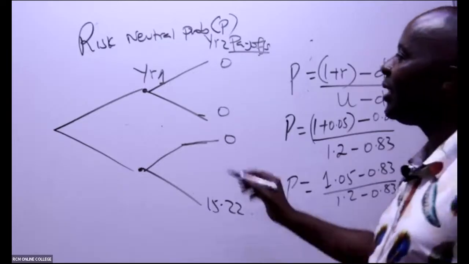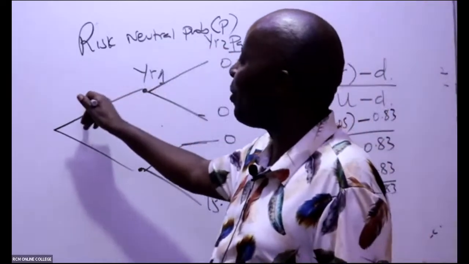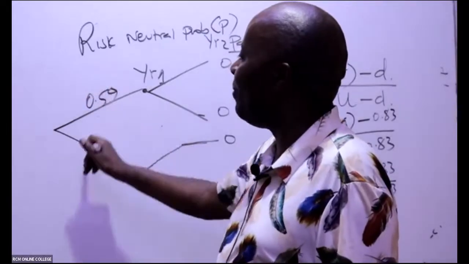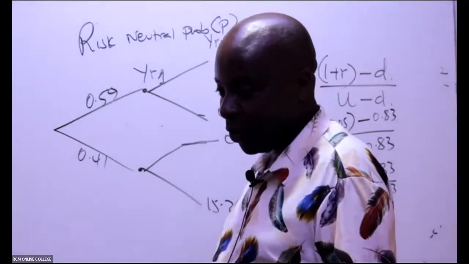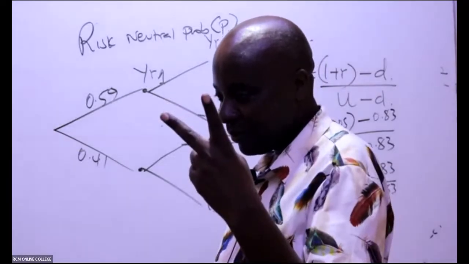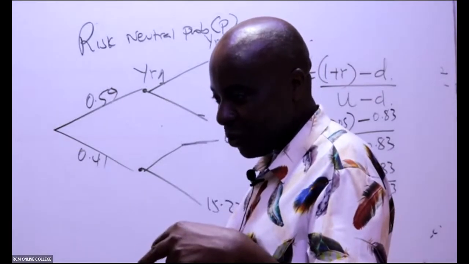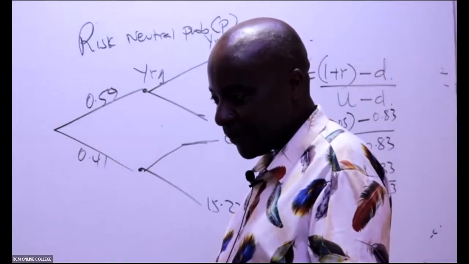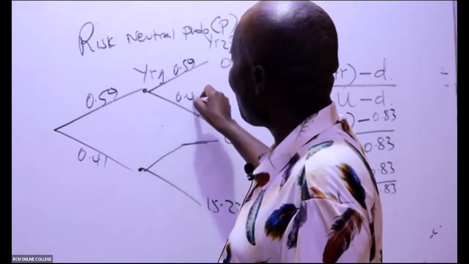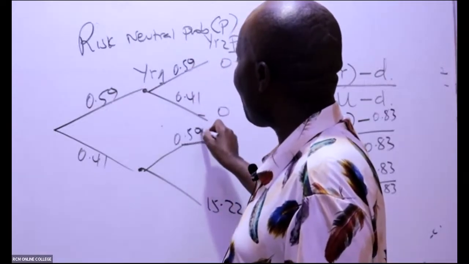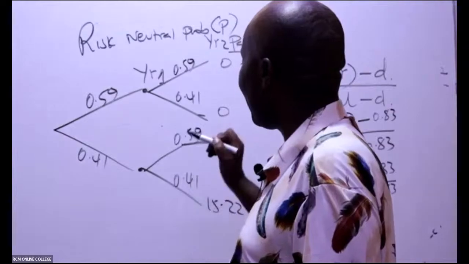So we are getting this risk neutral probability is 0.59, meaning that this other one here will be 0.41, because it's binomial. The same you apply here: 0.59, 0.41 like that.